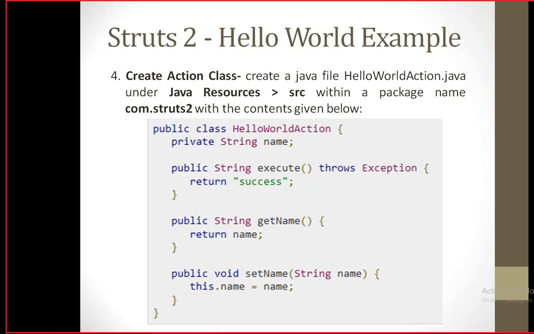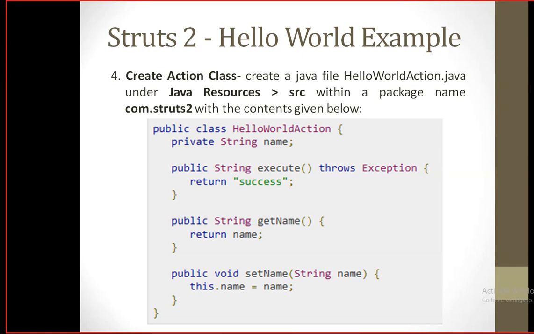Next, we will have to create firstly the action class, as I told. Firstly, talking about the name of the action class, if you are extending or implementing any action support interface, then you can have any name for the action class.